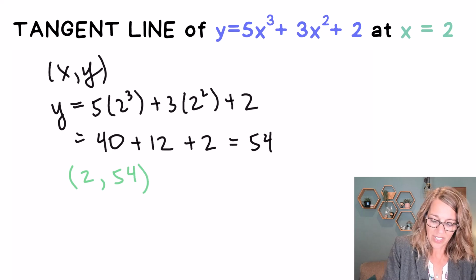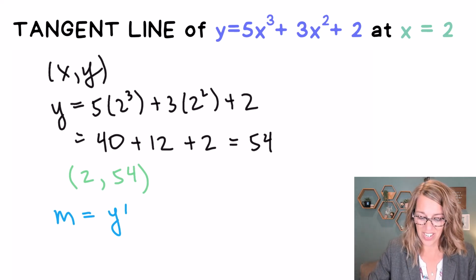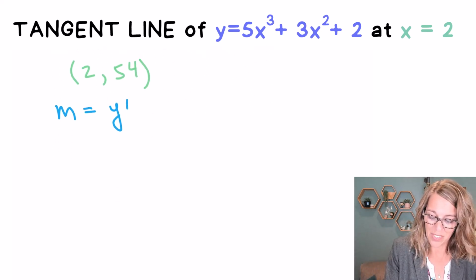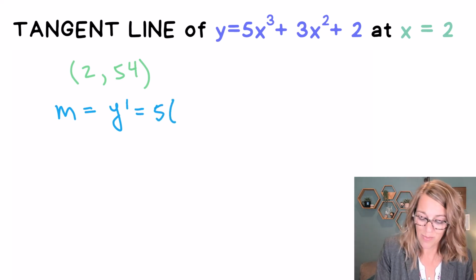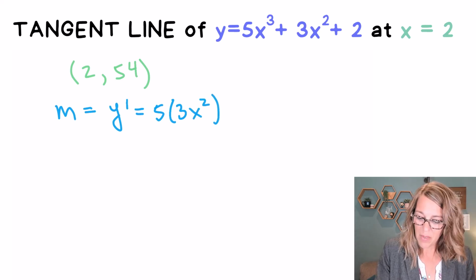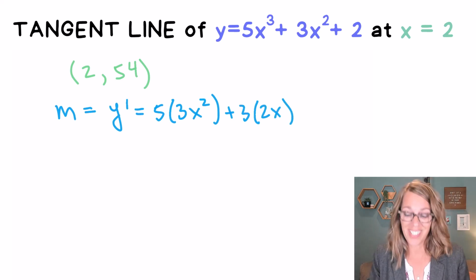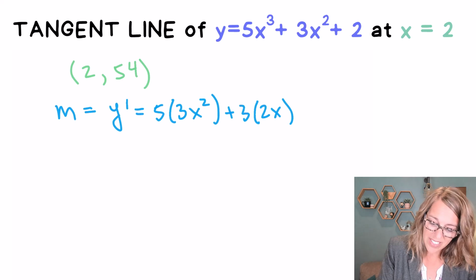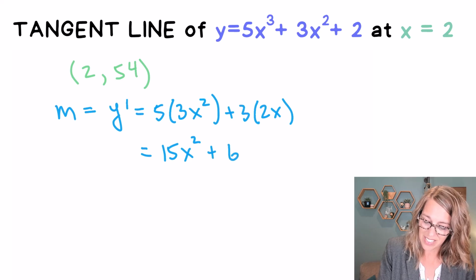Next, we need our slope, and m is the derivative of our function. So here comes our derivative. So y prime is going to be 5 times the derivative of x cubed. Take your 3 down in front, subtract 1 from the power, plus 3 times the derivative of x squared, which is 2x, and the derivative of 2 is equal to 0. Let's simplify what we've got. I've got 3 times 5, which is 15, x squared, plus 6 times x.